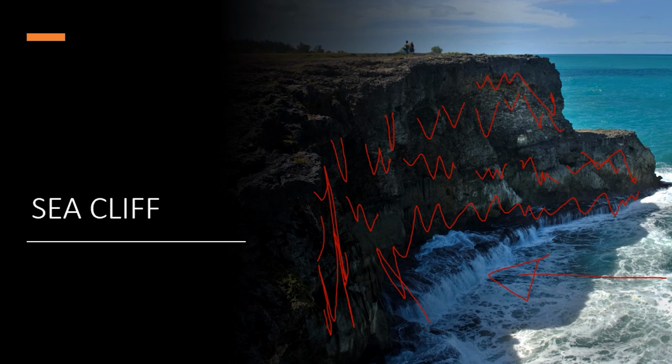This is what happened to the sea cliff. Okay, and this is again done by the erosion process. And mostly you can see there is some movement done by the Earth's continental crust that causes these different shapes of sea cliff also.